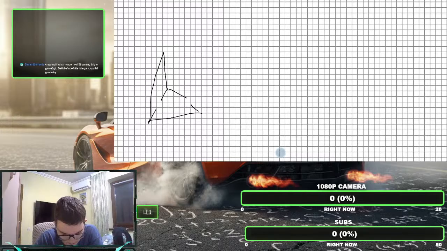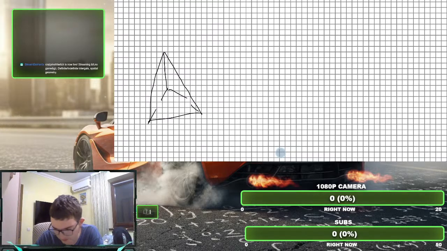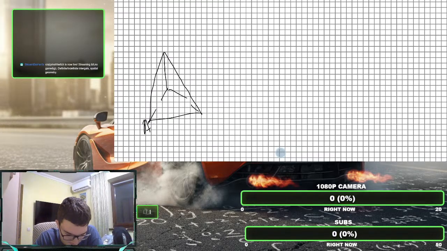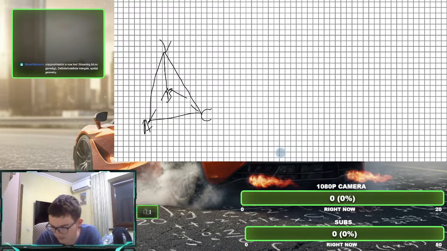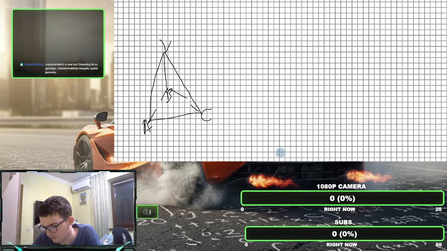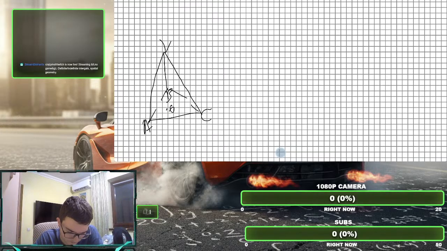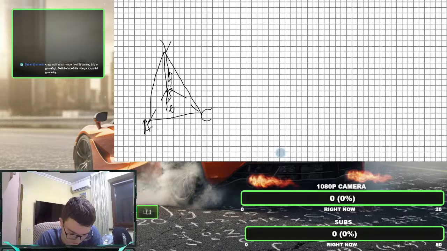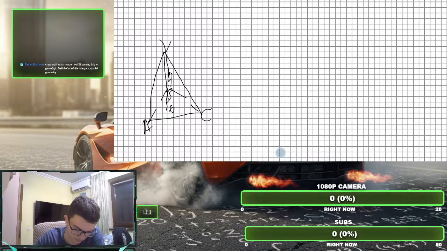Doing this shape once again. A, B, C, and B. So, height is 4. Right. Height is 4.